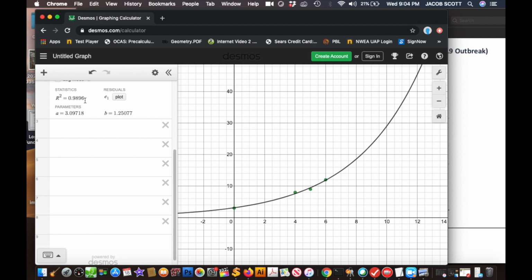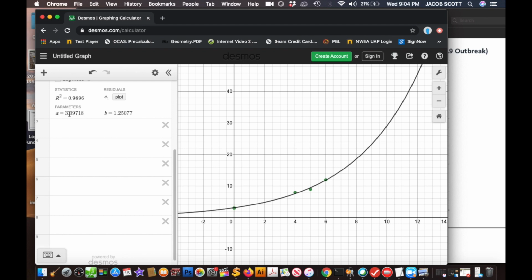There's a very strong correlation between the two variables that we're considering, which is number of days since March 5th and the number of cases. Okay, and we're seeing that the percent is about 25% per day that they're increasing. The initial value was 3.